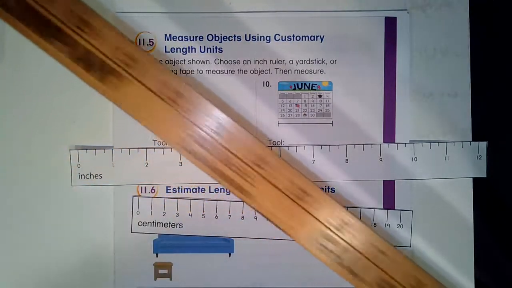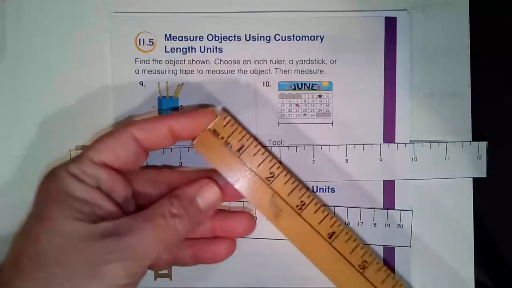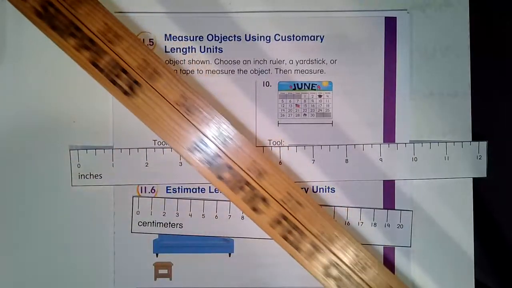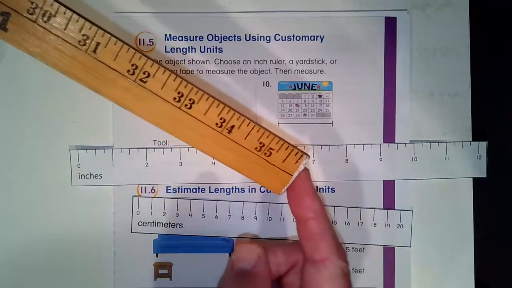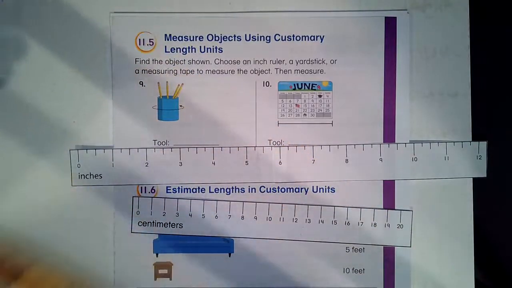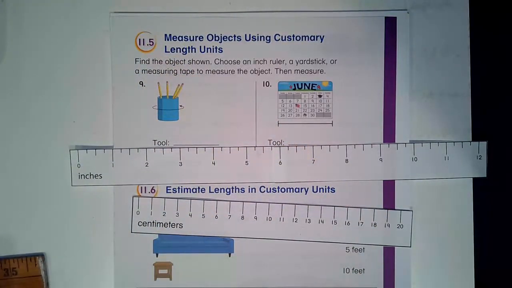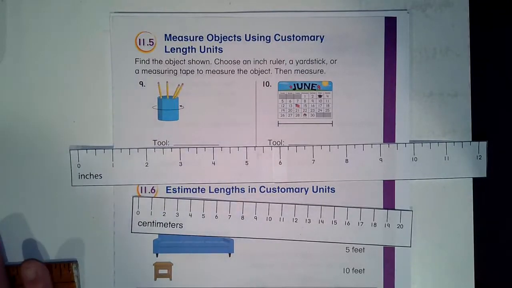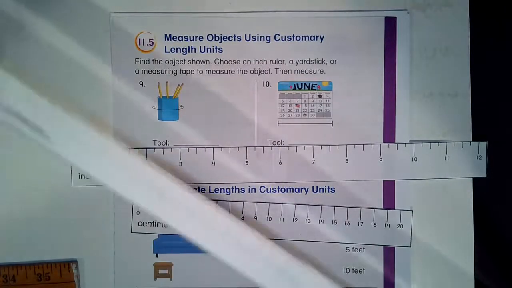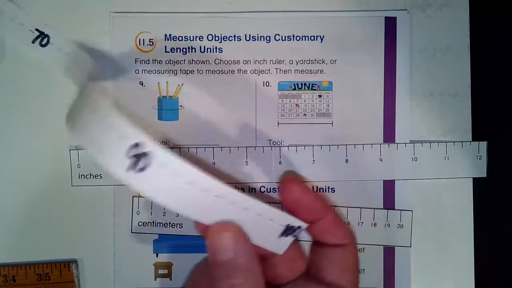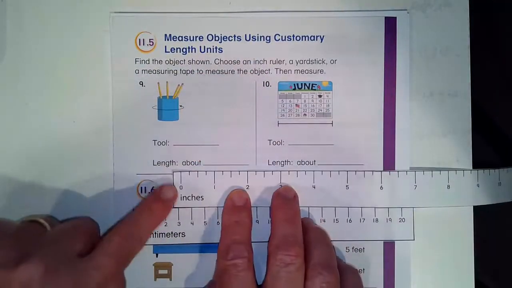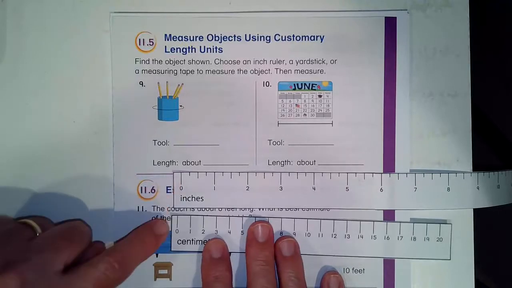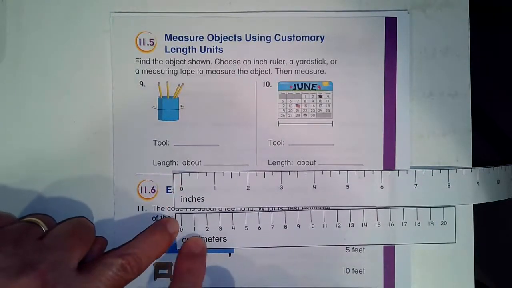When I look at a yardstick, I have a stick that is 36 inches long, 36 all the way to the end of this. That's 1 yard. Okay, so a yard is 3 feet. A meter is 100 centimeters. And an inch is this distance. And a centimeter is this distance.